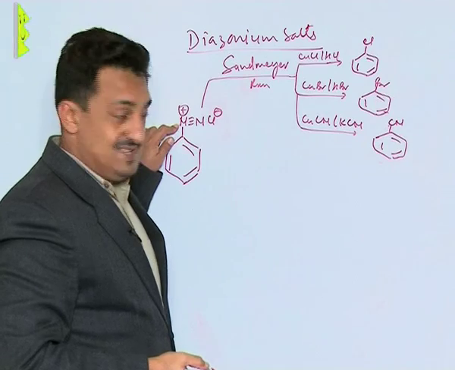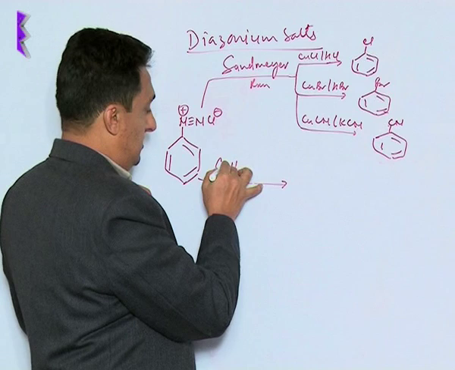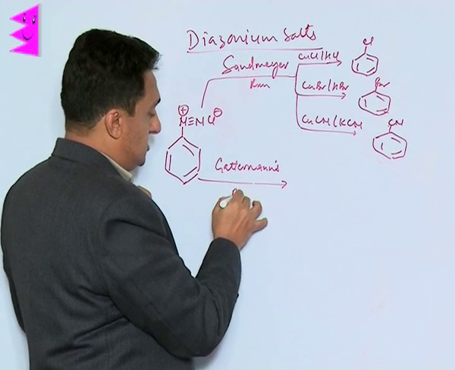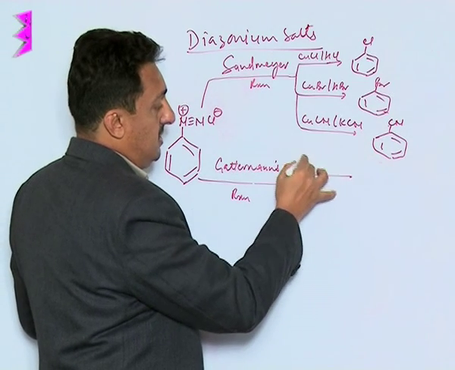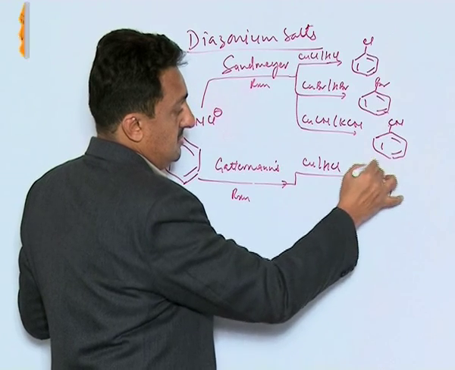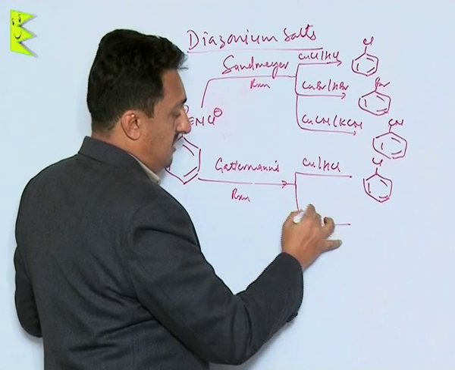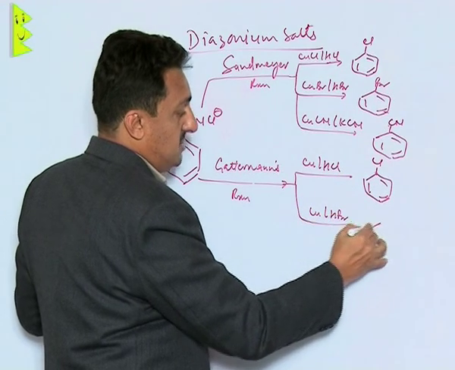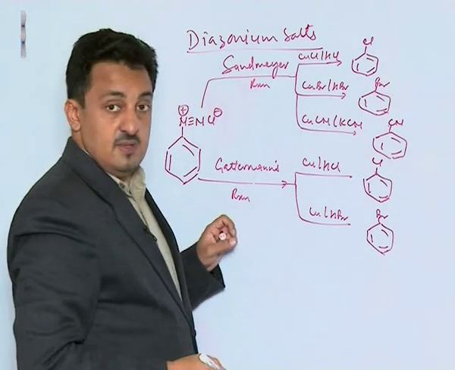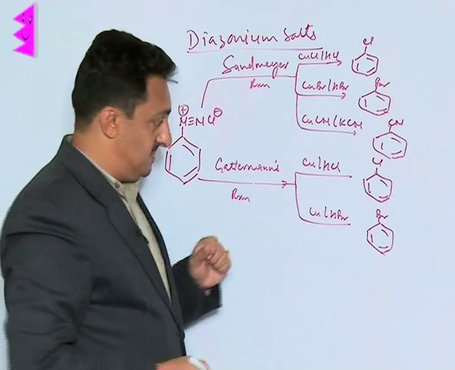The nitrogen is replaced. Similarly, there is one more reaction which is called Gattermann's reaction. In this, we react this with Cu and HCl, we get chlorobenzene. We react with Cu and HBr, so we get what? Bromobenzene. These all we have done in the alkyl halide aryl halide chapter.